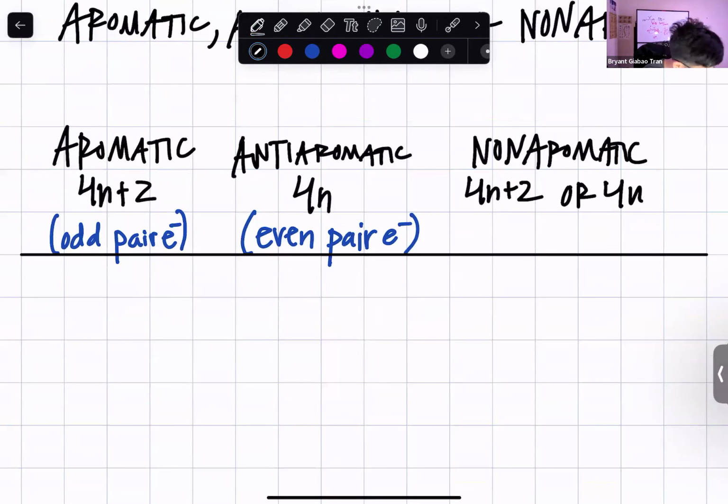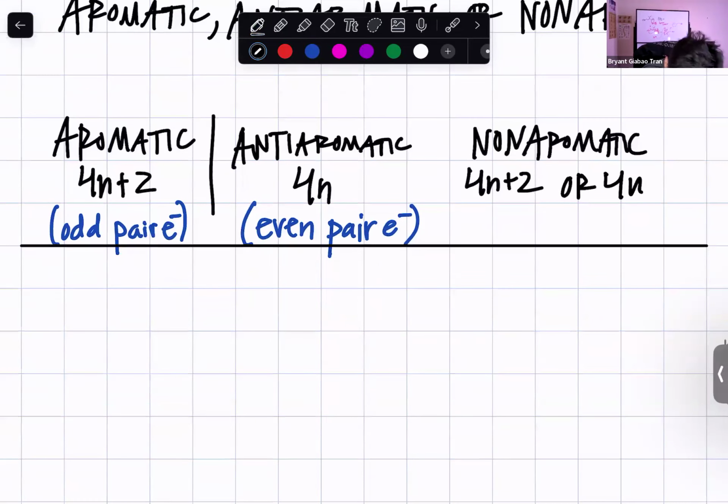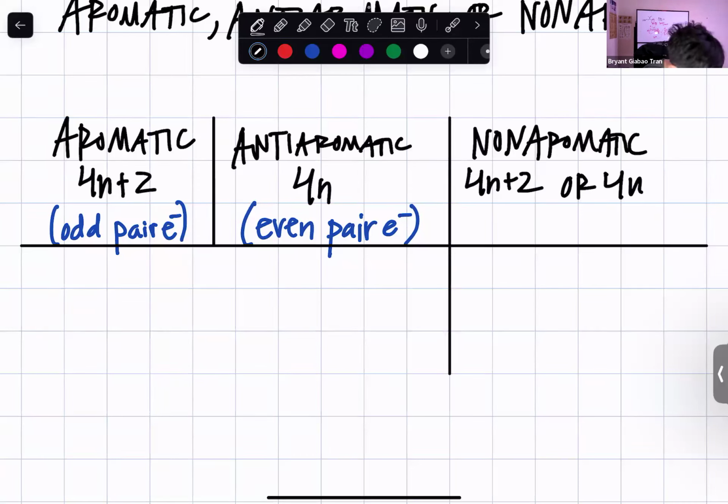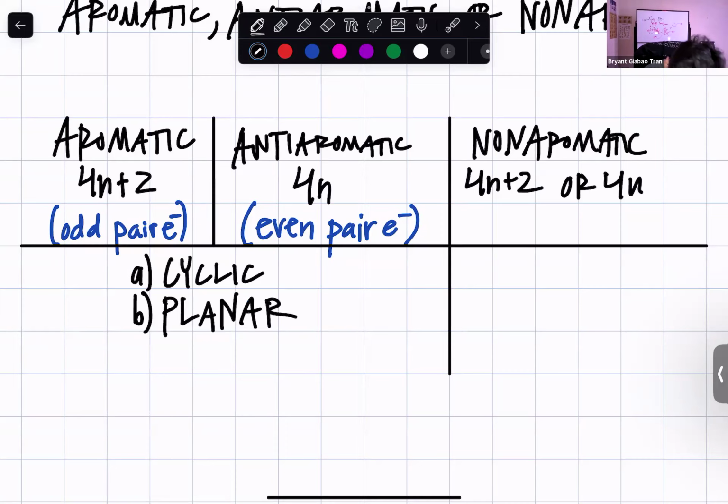So to be considered aromatic or anti-aromatic, you have to fulfill these three conditions here. The molecule has to be cyclic, in a ring. It has to be planar. Everything's flat and planar. And it has to be fully conjugated. Right? No sp3 roadblock in this ring.